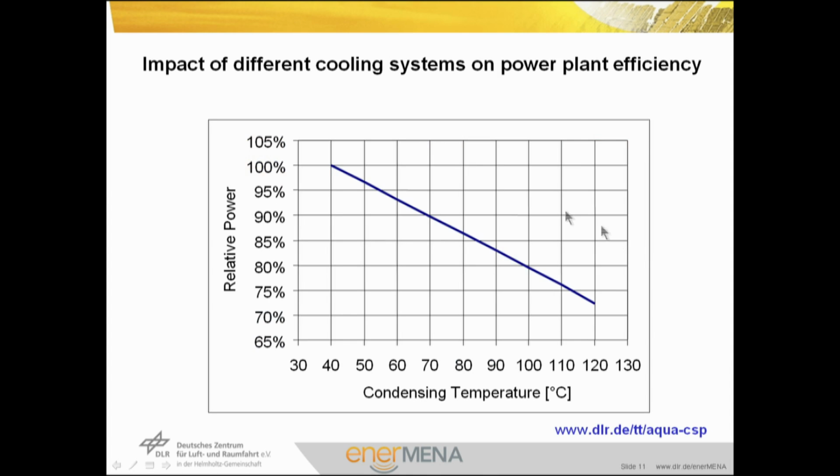There's a different impact of cooling systems on the power plant efficiency. For example, if there is a wet cooling tower with water evaporation, like in most of the steam cycle power plants worldwide, at very low operating temperatures of the cooling tower, we would have the highest possible efficiency of about 100%. And this efficiency goes down when the temperature of cooling increases.